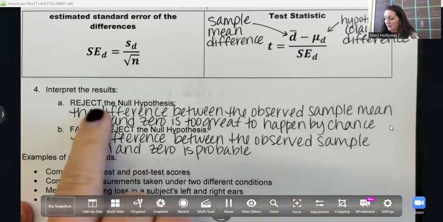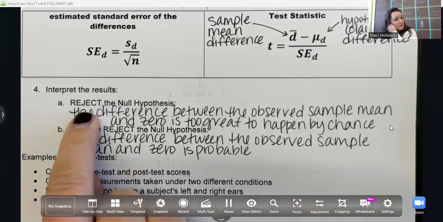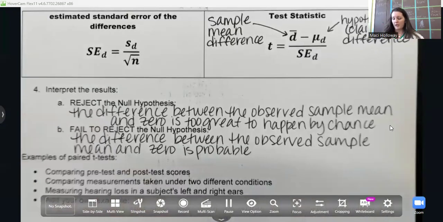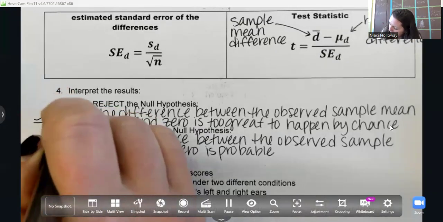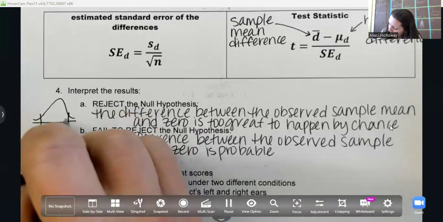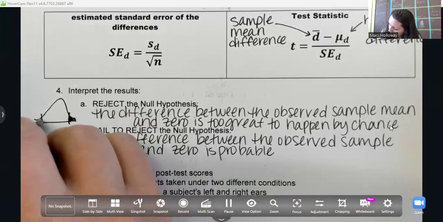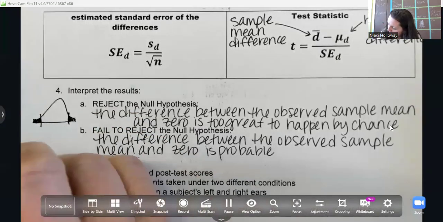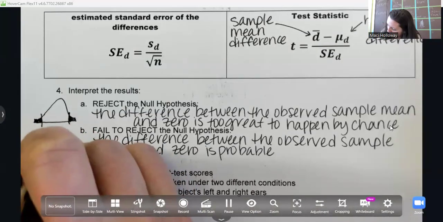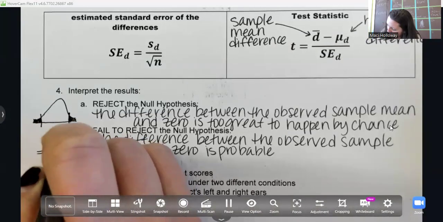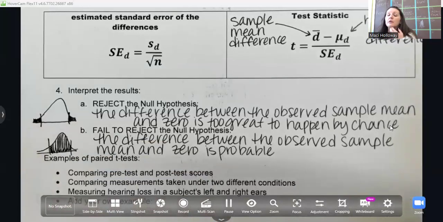So the first result that we could interpret is to reject the null hypothesis. So is it within the rejection region? So thinking about our little graph, our rejection region is in the tails. And then our fail to reject region is between those values, between our critical values.